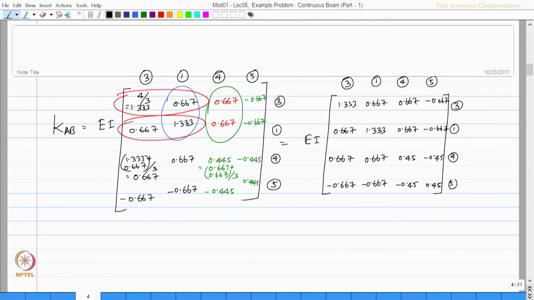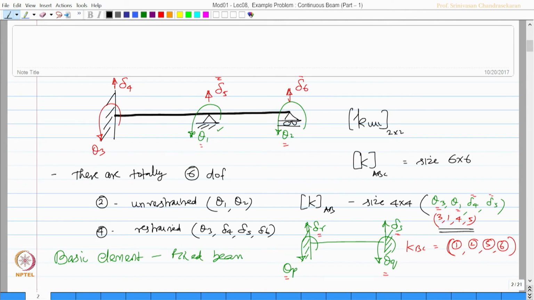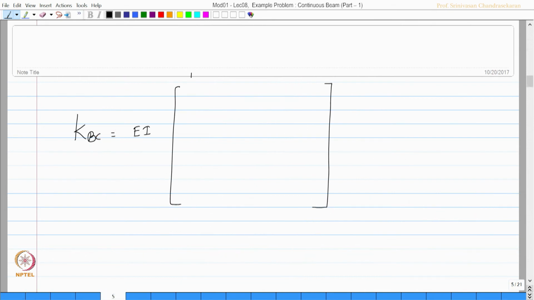We can also do this for KBC, the same logic, EI constant. Let us look at the labels of KBC. BC will have labels 1, 2, 5 and 6, similarly 1, 2, 5 and 6.